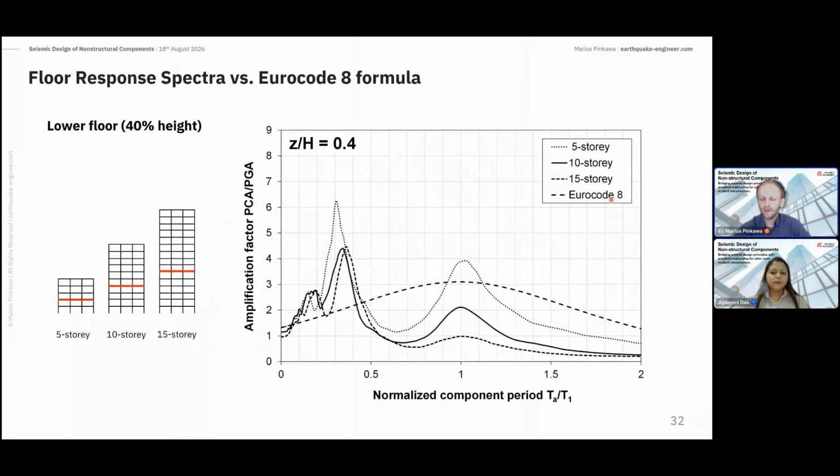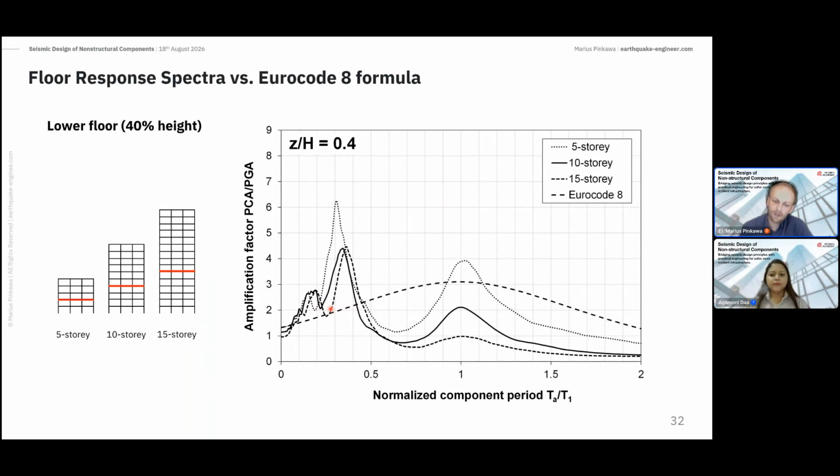So if you want to take a message home from this presentation, this is maybe the most important one. Don't trust your code, because your code can be misleading or it can be wrong. And in this case, if you neglect higher mode resonance, you will yield wrong results. So don't trust Eurocode 8. Always take into account your engineering judgment and your knowledge.